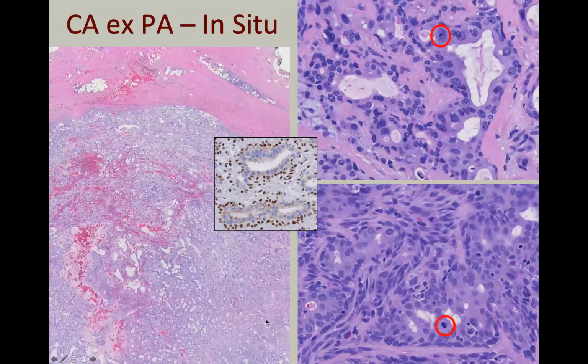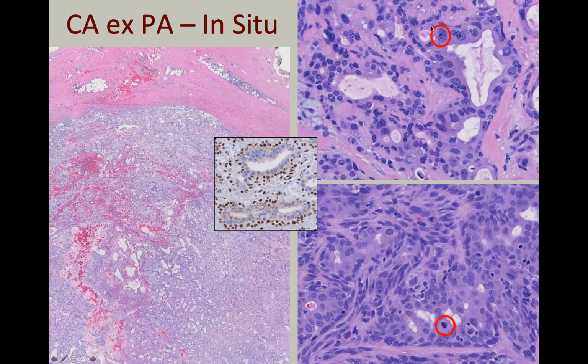So this is the in situ component where the tumor on low power still has a clean edge, right? There's a little bit of fibrous tissue and some glands out here. But when you look inside this cleanly edged tumor, you see that these bilayered ducts have severe cytologic atypia of the epithelial cells, nucleoli, mitoses, but they are still confined by this outer basal or myoepithelial cell layer.